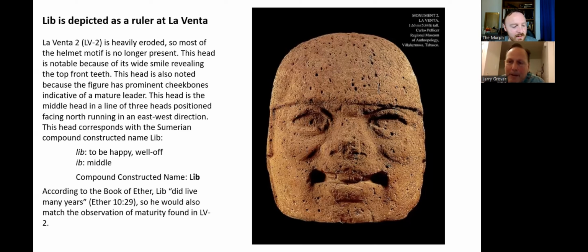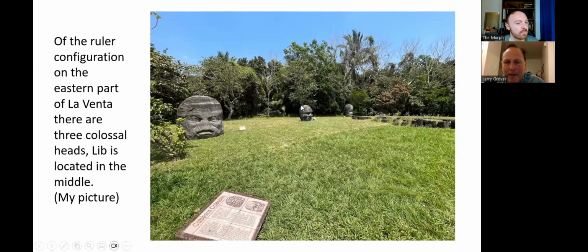So anyway, basically I'm showing here's Lib, here's the meaning in Sumerian. It means to be happy, and in the middle. Then at La Venta, you have a ruler. There's only four of them there, and he's in the middle, and he's got this goofy, happy smile.